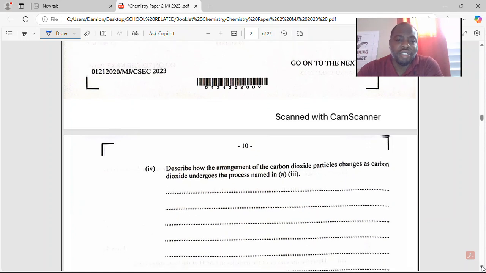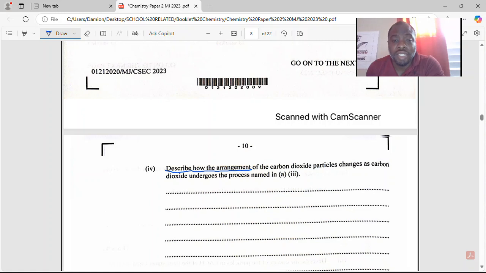Describe how the arrangement of the carbon dioxide particles changes as carbon dioxide undergoes the process named. And again, you see what they want you to talk about. Again, we're seeing this word describe. What about the particles?